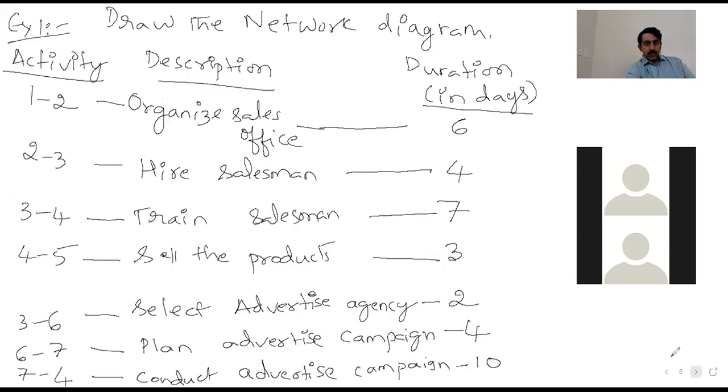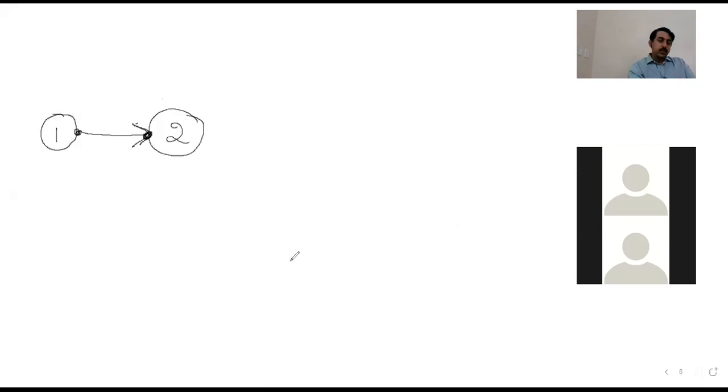1-2 organize the sales office, and it is going to take 6 days of time. Okay, 1-2 is taking 6 days time. Next, what should come next after 1-2?